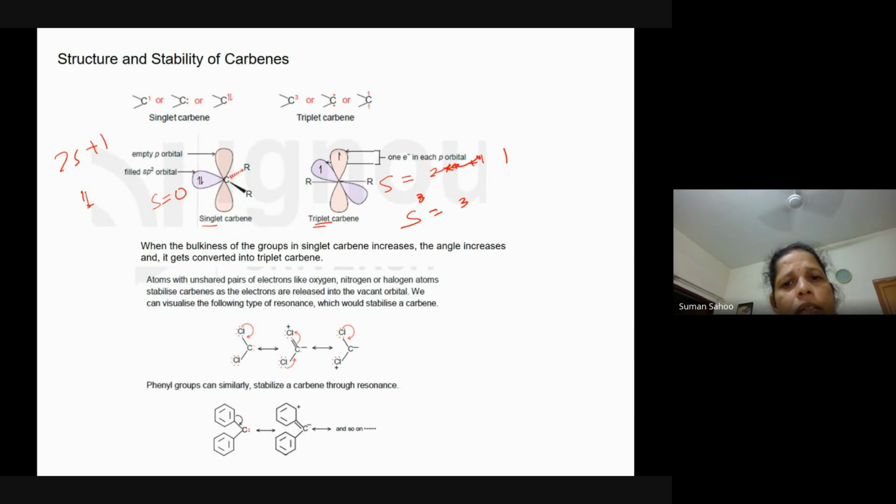That's why this is known as the triplet carbene and this one is the singlet carbene. Triplet carbene is more stable compared to singlet carbene, because in the singlet case you have electronic repulsion as both electrons remain in the same orbital, while in this case both electrons remain in different, degenerate orbitals.